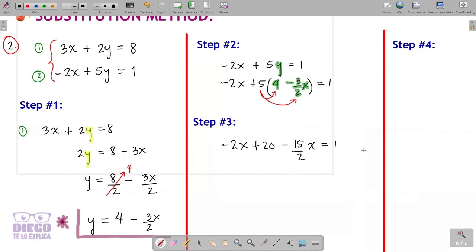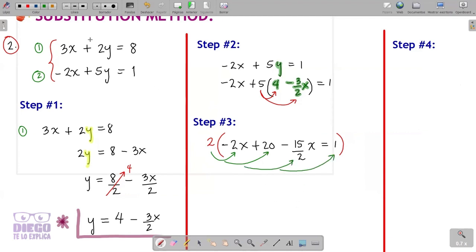Again, we have this basic first order equation, but we have a fraction, we have a denominator. So what do we have to do to eliminate that 2? Of course, multiplying the whole equation. Remember, always the 2, because what is the least common multiple? 2. So the least common multiple here, that is 2, will multiply all the terms. Just remember that.